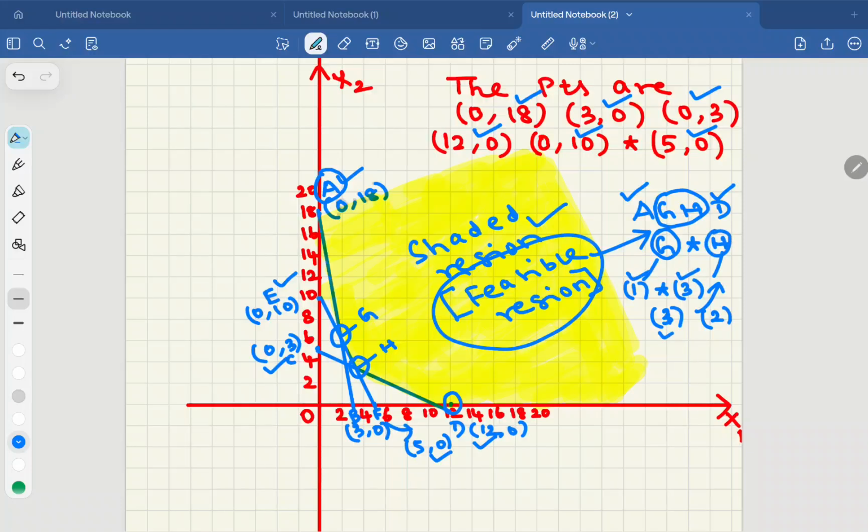For H, solve the third and second equation. Again, see the intersecting points: for G, AB and EF, that is 1 and 3. For H, EF and CD, that is the third equation and second equation.